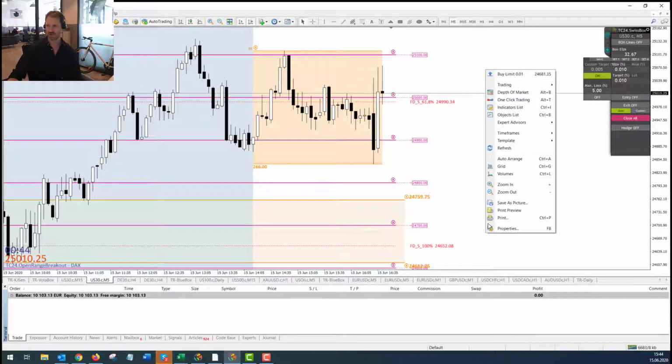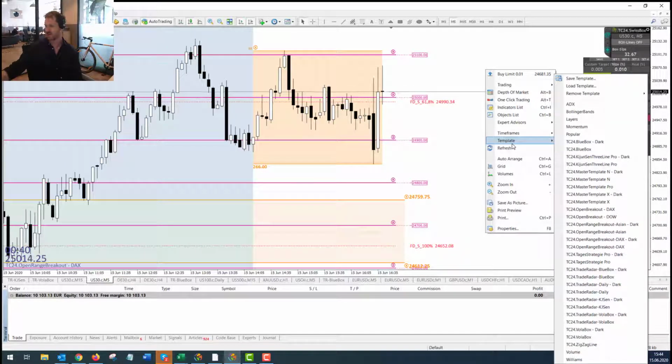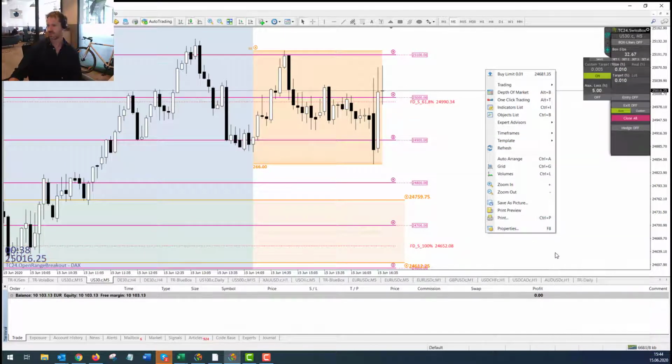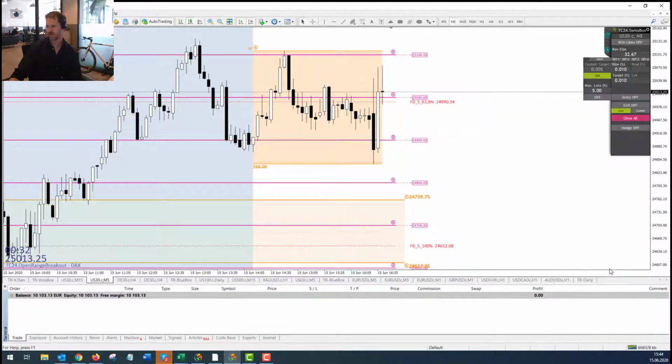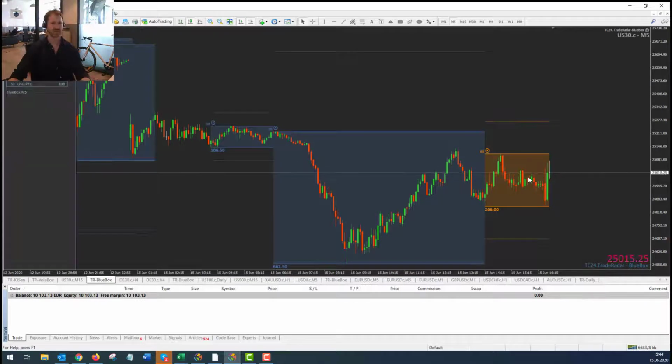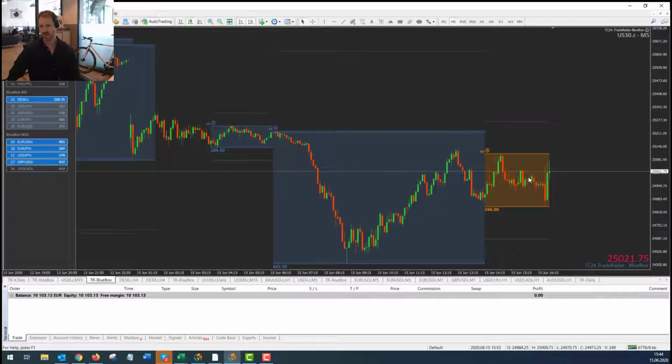Just quickly, I'm going to press the right mouse button. We go to templates and we are going to look for the TradeRadar blue box dark. Here we go. So TradeRadar blue box, just a fancy name for our automatic trading strategy.